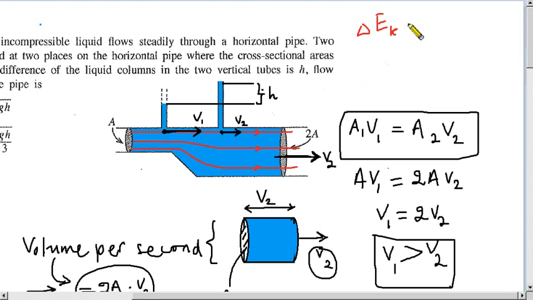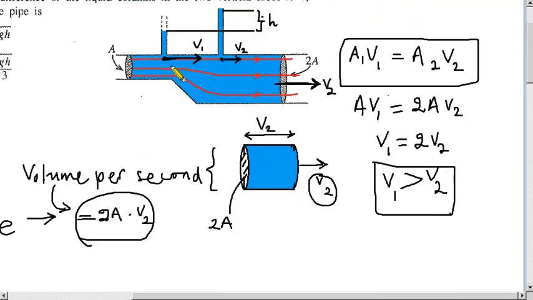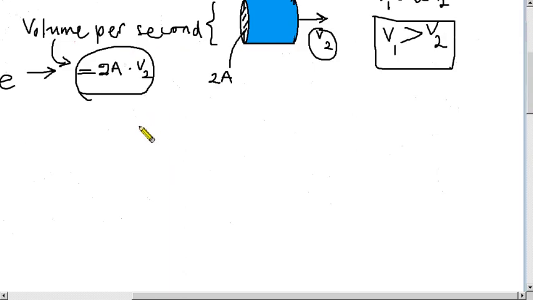That is what we are going to do now. We know when the velocity increases at a point, what happens? The pressure decreases. From that earlier equation you can understand it, because the pressure plus half rho v squared equals a constant.